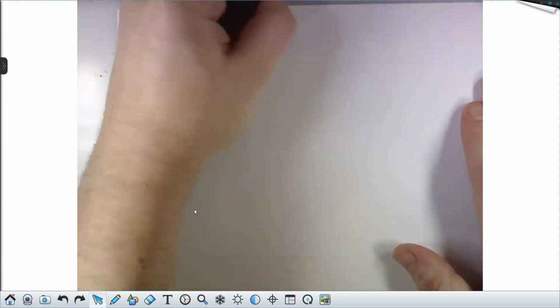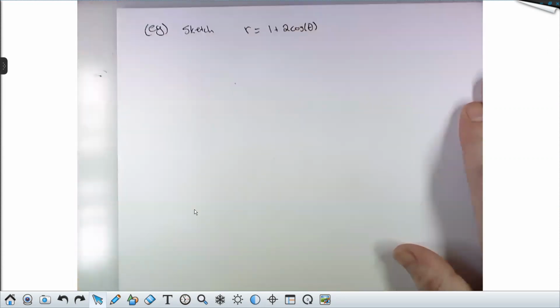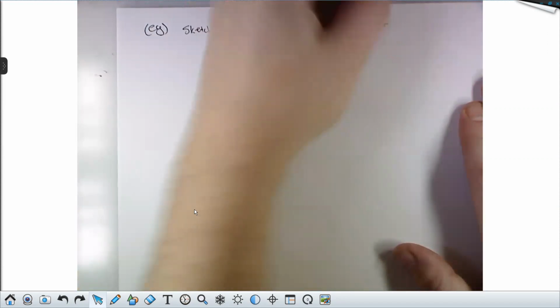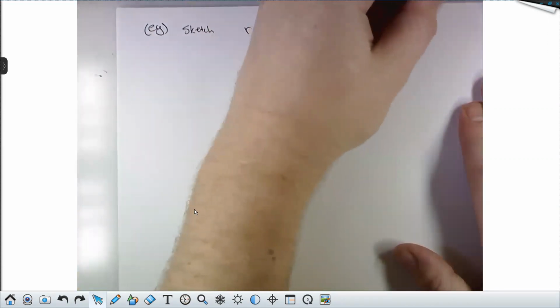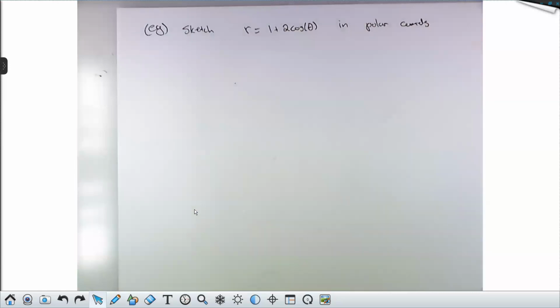Let's sketch r equals 1 plus 2 cos theta in polar coordinates. Same deal. First, we want to sketch this in rectangular Cartesian coordinates.